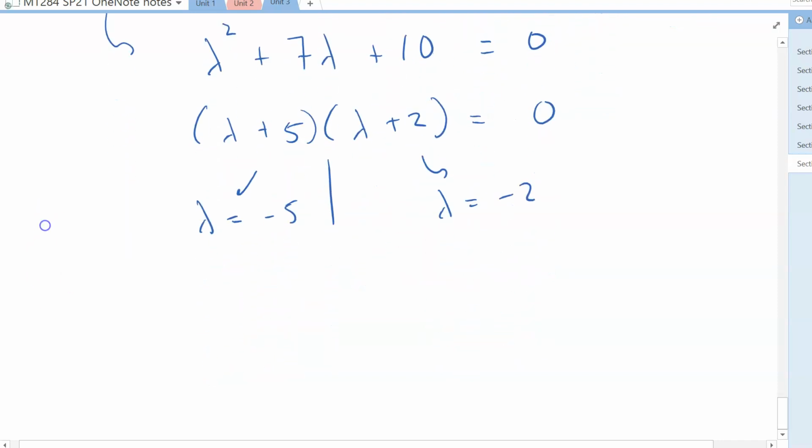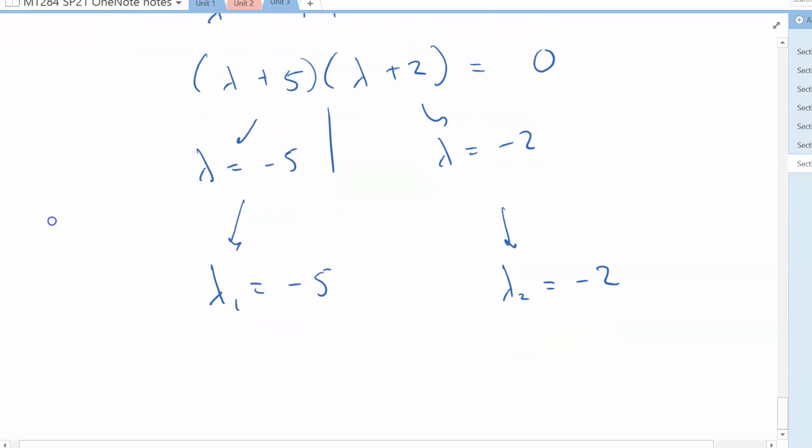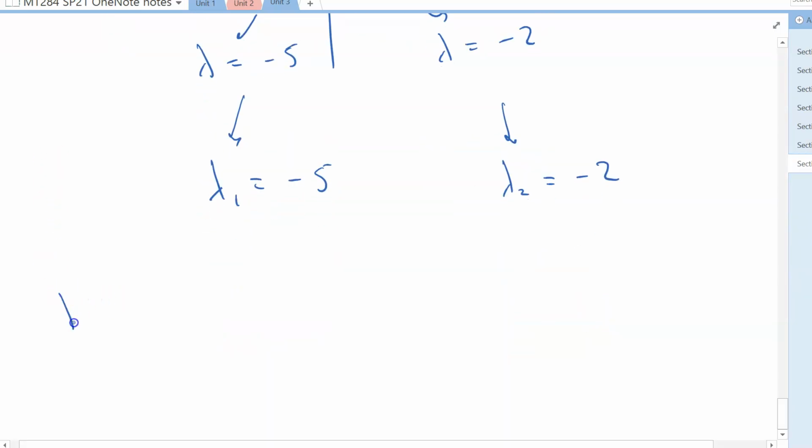From there, we're going to label these. I like to label the smaller one lambda 1, and the other, the larger one, lambda 2, lambda sub 2. Then for each one of those eigenvalues, we're going to find an associated non-zero eigenvector of the matrix. We'll start out with lambda 1, which is negative 5.